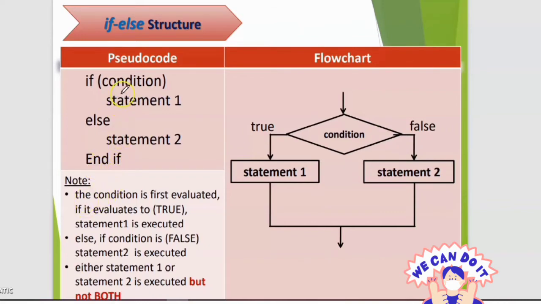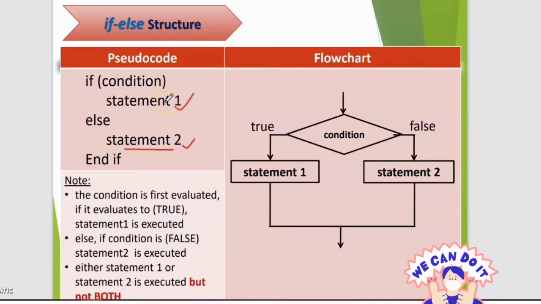The condition is first evaluated. If it is true, statement 1 is executed. Remember, if this condition is true, statement 1 is executed. Else, if the condition is false, statement 2 is executed.